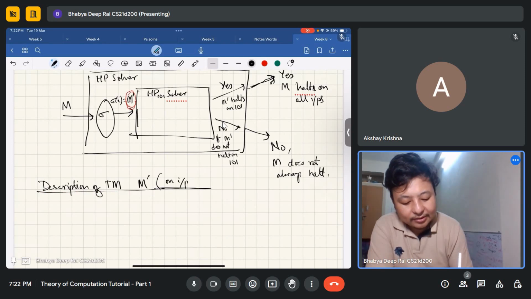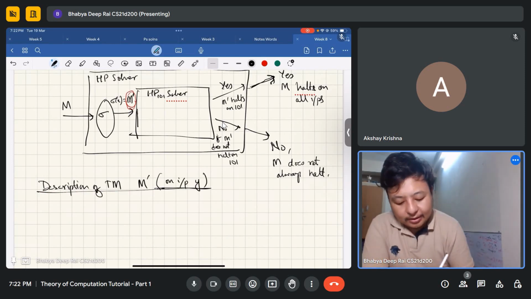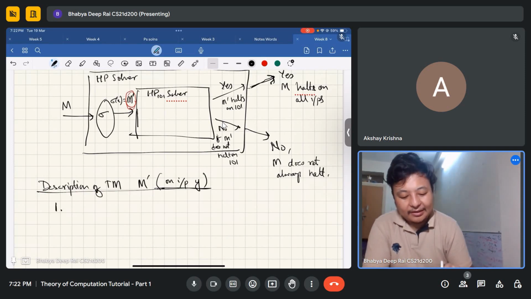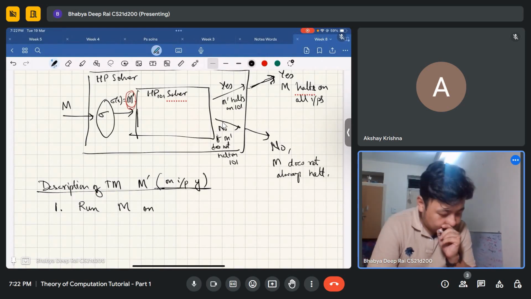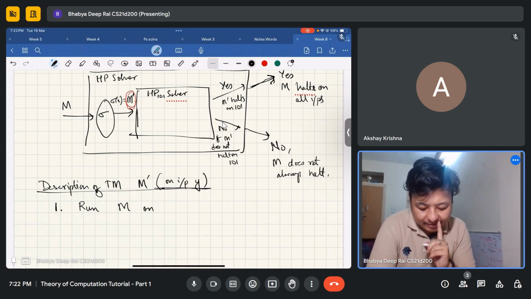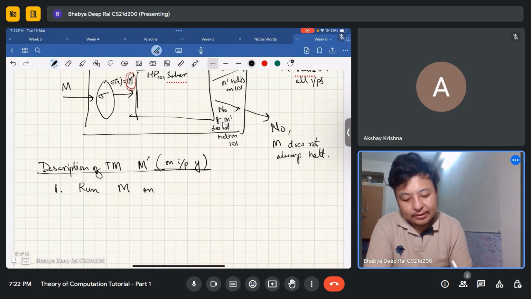On input some y, what does M prime do? It runs M on some input. Where should it run M? That is the question.